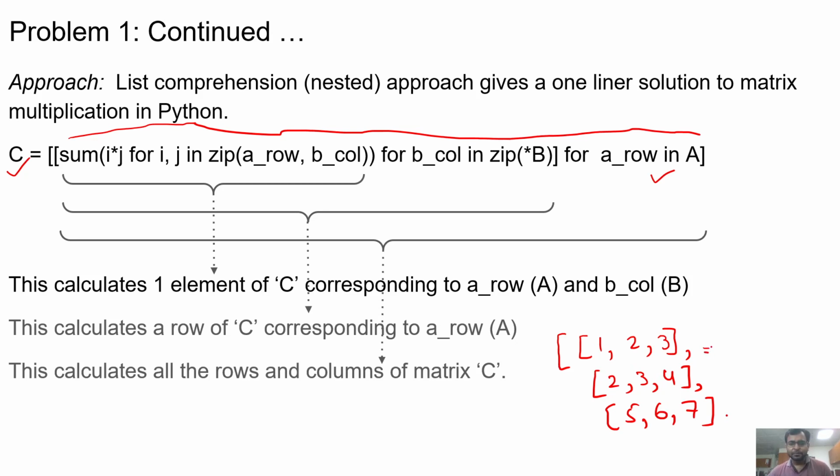So when we do zip of star B and we try to print those elements one by one, let us say we simply say for i in zip star B and print all those elements, we'll get something like 1, 2, 5, 2, 3, 6, and 3, 4, 7.